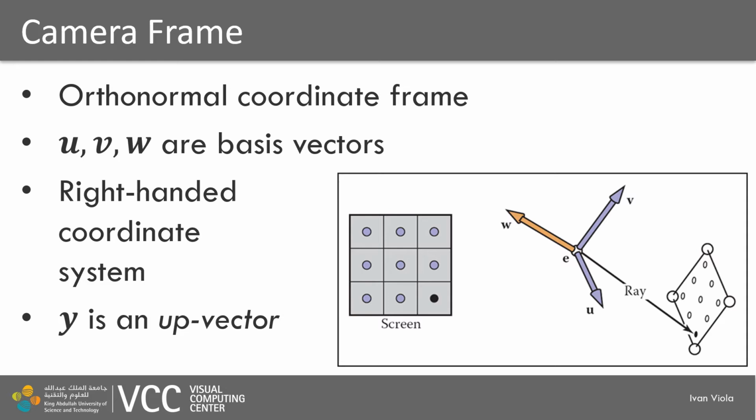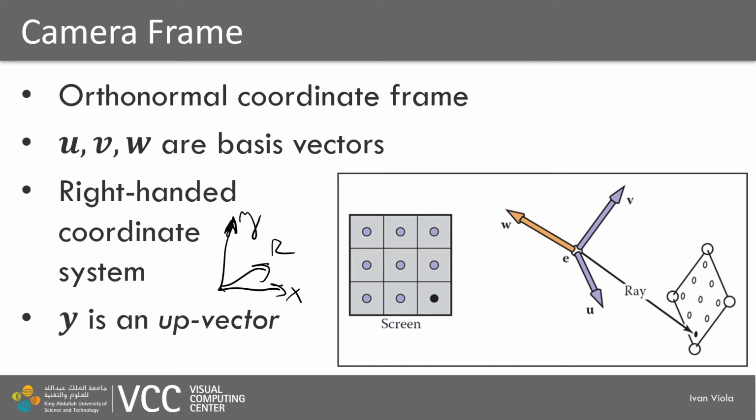You can imagine it as if I am taking a photo with a camera, then I want to have the camera oriented so that the top of the camera points upwards. If we have a coordinate system like XYZ, where X, Y, and Z are defined in this way, then the Y vector would be a natural candidate for an up vector.